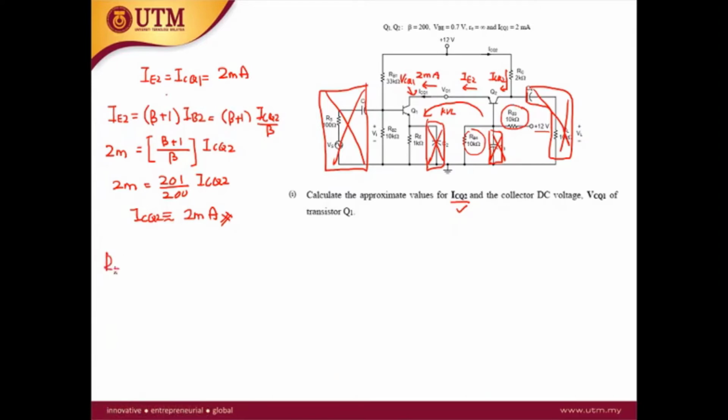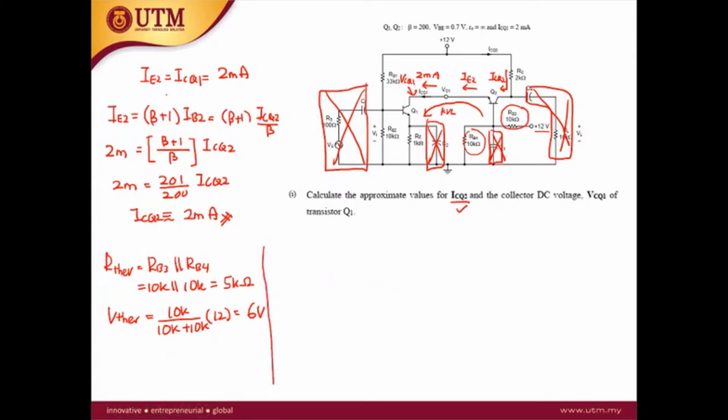The R Thevenin equal to RB3 parallel with RB4, so 10k parallel with 10k equals 5 kilo ohm. And V Thevenin is 10k over 10k plus 10k times the source VCC, which is 12. This is equal to 6 volt.